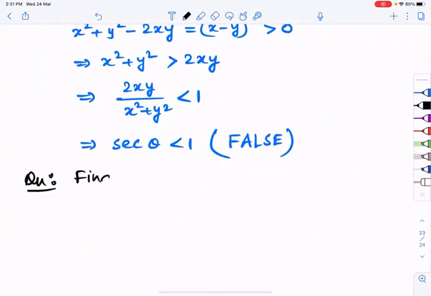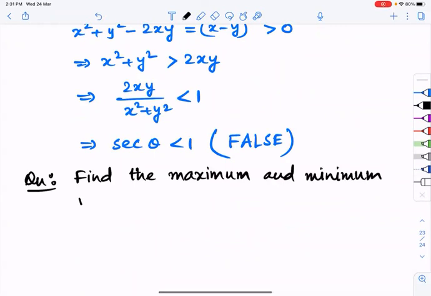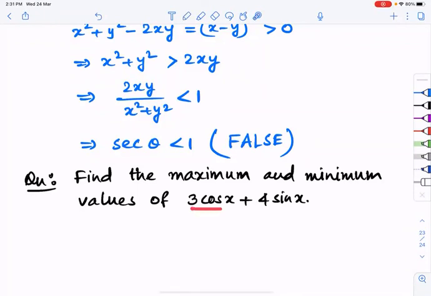Find the maximum and minimum values of 3 cos x plus 4 sin x. So it is like a cos x plus b sin x.